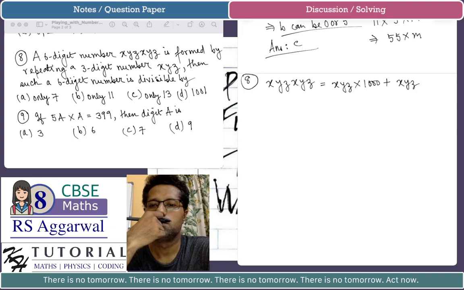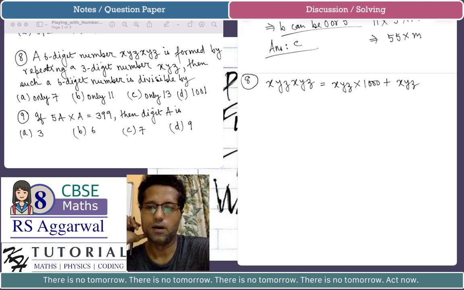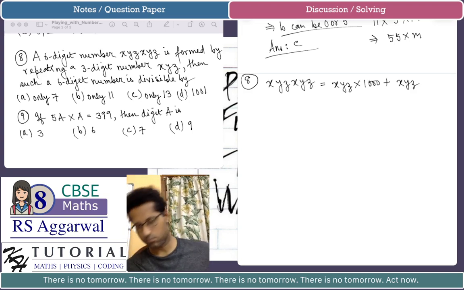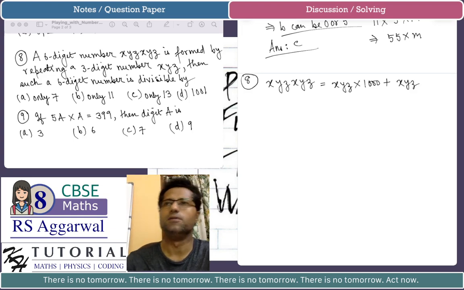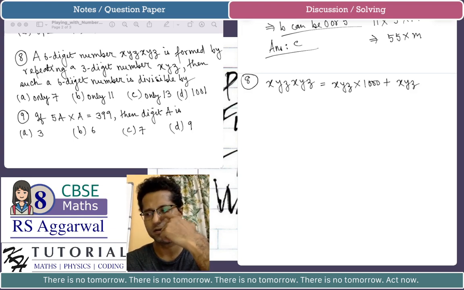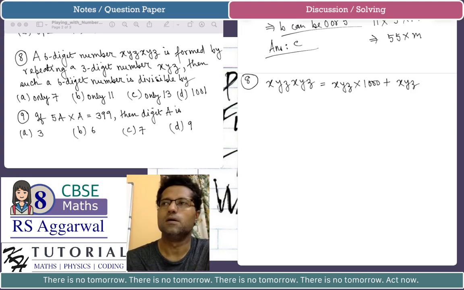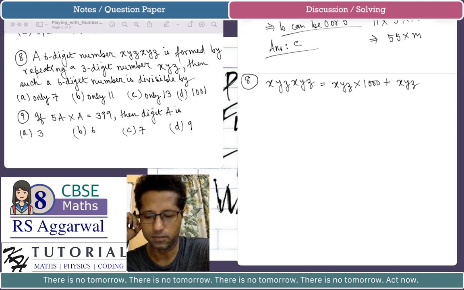Now, how do we get this? How am I saying that the 6-digit number xyzxyz will be equal to the 3-digit number xyz multiplied by 1000 plus xyz? These things should be very clear from concepts you have studied in class 6 or 7, that is, the concept of place value and the digits.